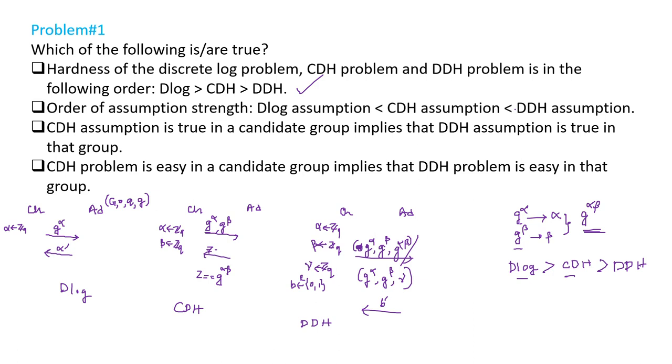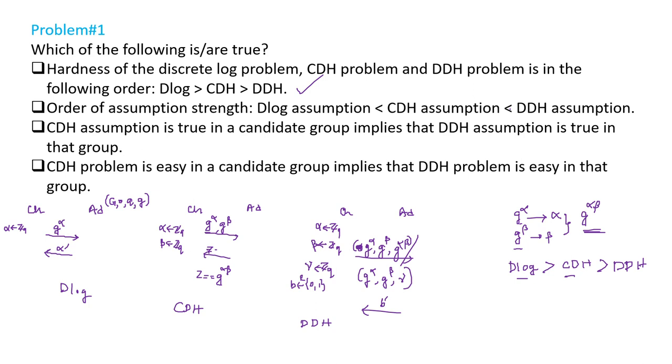This is our assumption. Now we know that discrete log is actually the hardest problem to solve among these three. Compared to that, the DDH problem is easier to solve.